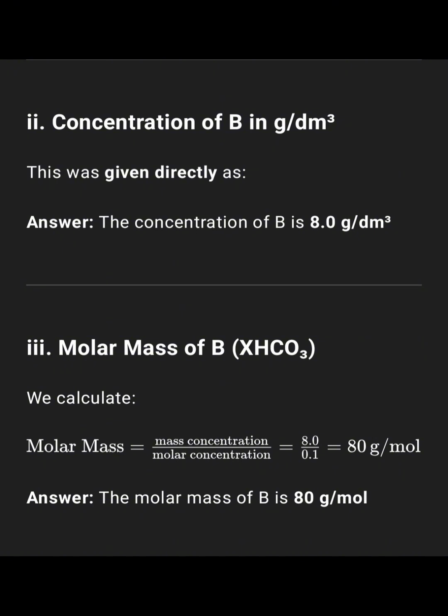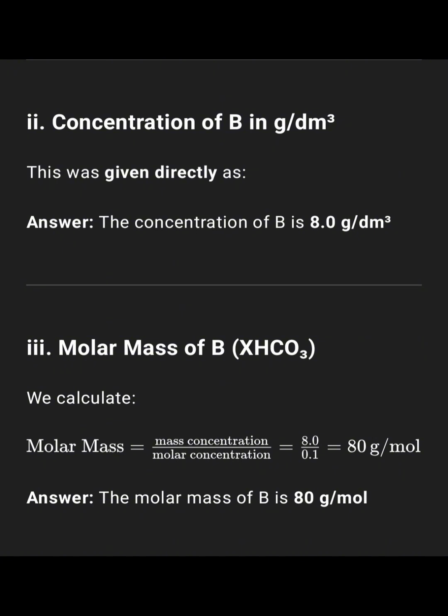Then number 3, we are asked to calculate the molar mass of B, and you know our B is XHCO3. We don't know what X is. To calculate it, you use the stoichiometry equation: mole equals mass over molar mass. So make molar mass the subject of the formula.